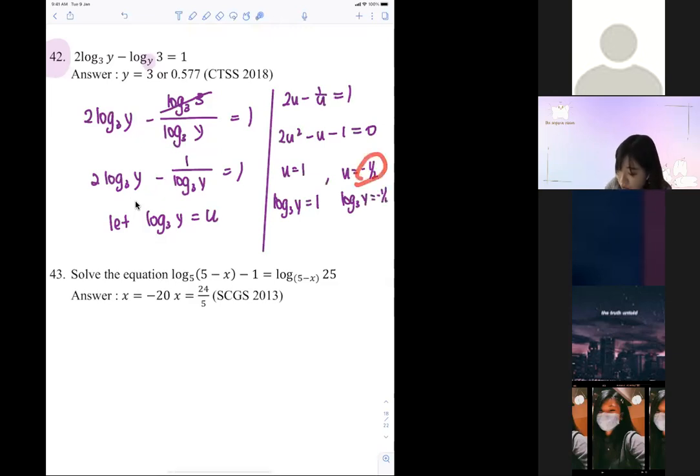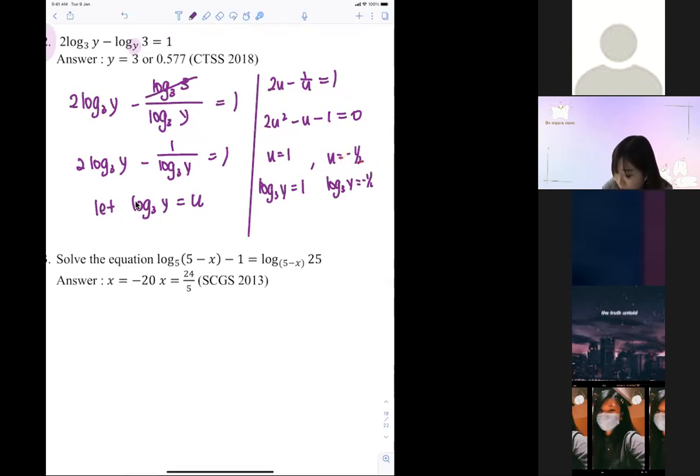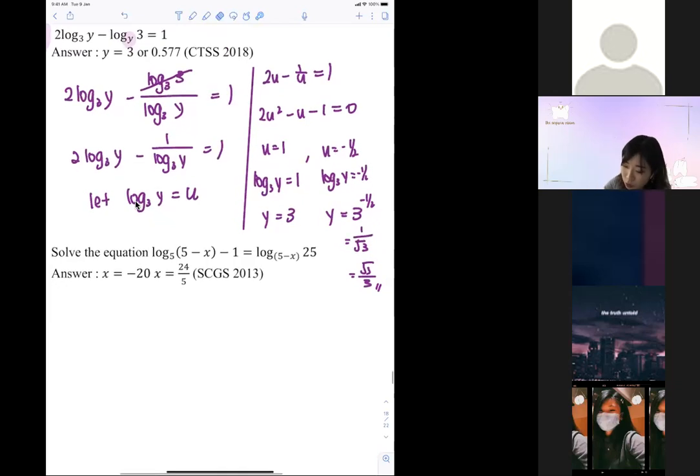Don't reject negative just because it's negative, okay? Try to find for y first. So y is equals to 3 or y is equals to 3 to the power of minus half, which is 1 over square root 3. Okay, leave your answer rationalized, square root 3 over 3. So this is when you need to use the substitution method. When you have something on top, something below, you're not sure what to do, you just sub.